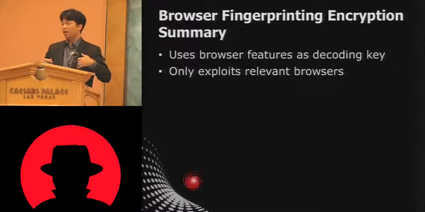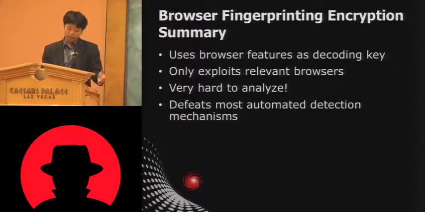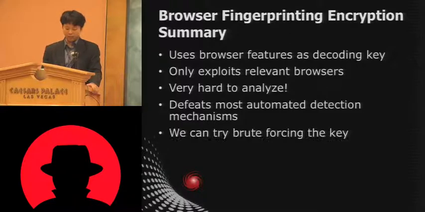Any type of automated detection, JavaScript engines, what have you, would all fail. And it's very hard for security researchers to analyze. And we've encountered quite a few of these with very fancy encryption algorithms, mostly in targeted attacks. So it defeats most automated detection mechanisms.